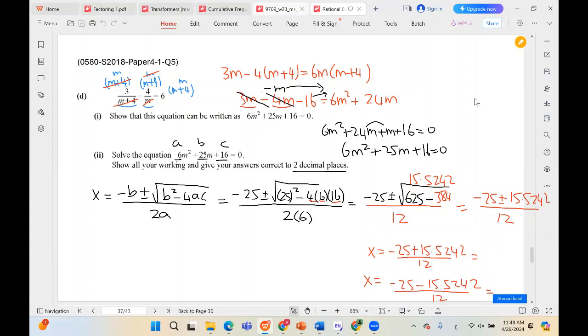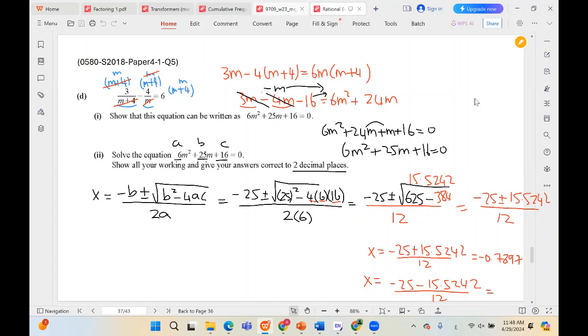In each case, we have to just evaluate it. You can use your calculator for that. So negative 25 plus 15.5242 and then divided by 12. This gives us negative 0.7897. For the second one, we have negative 25 minus 15.5242 divided by 12.